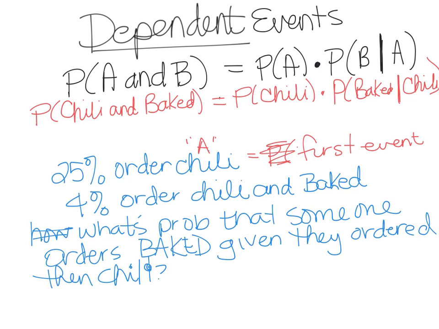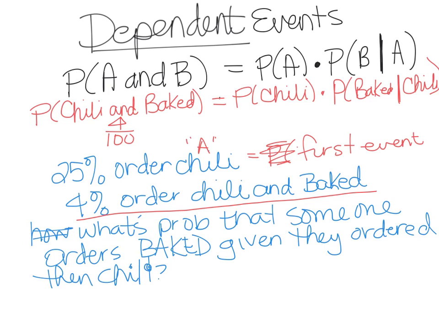So now that we have that worked out, we can use our numbers and start solving things. What is the probability that someone comes in and orders chili and a baked potato? 4% order chili and baked potato, so that's a 4 in 100 chance.